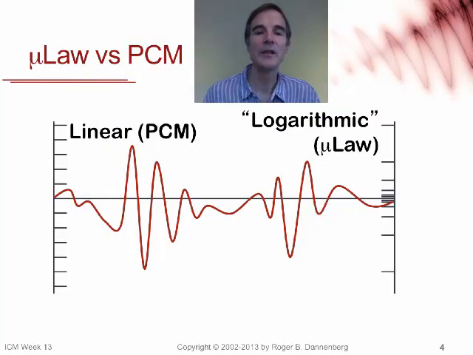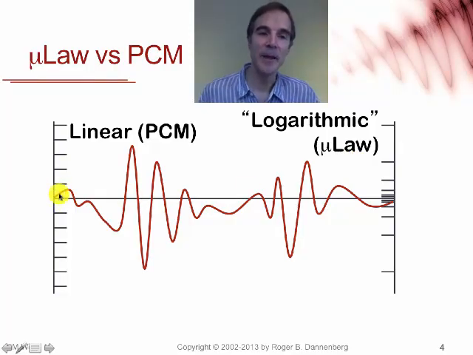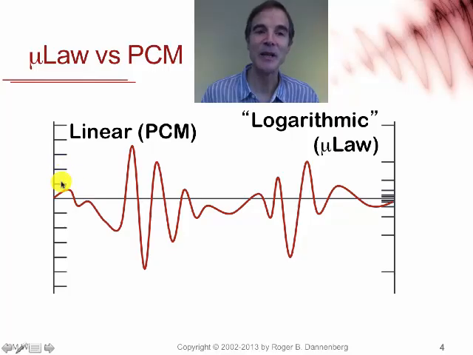And here we can see the PCM encoding represented by the left-hand side of the scale, and a quasi-logarithmic mu-law-like encoding on the right-hand scale. And so what you see is in PCM, each quantization level is separated by an equal amount.